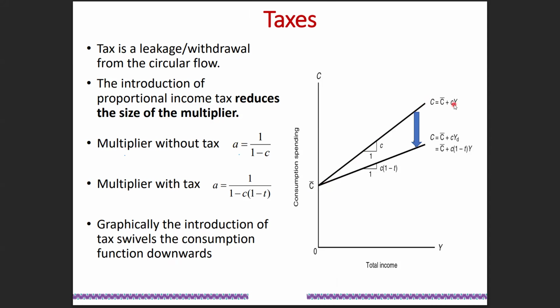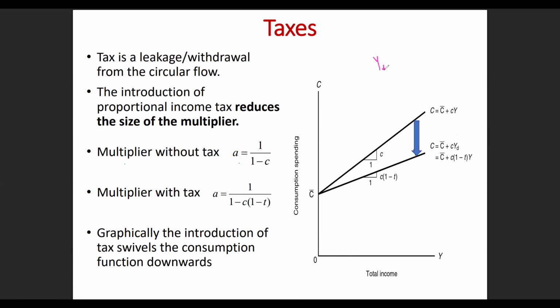But now because we've introduced taxation, our CY here, you know, now this Y is supposed to be disposable income. And I did show you guys the formula to calculate disposable income, right? We said that to calculate disposable income, we can say YD equals your income Y minus your taxation.